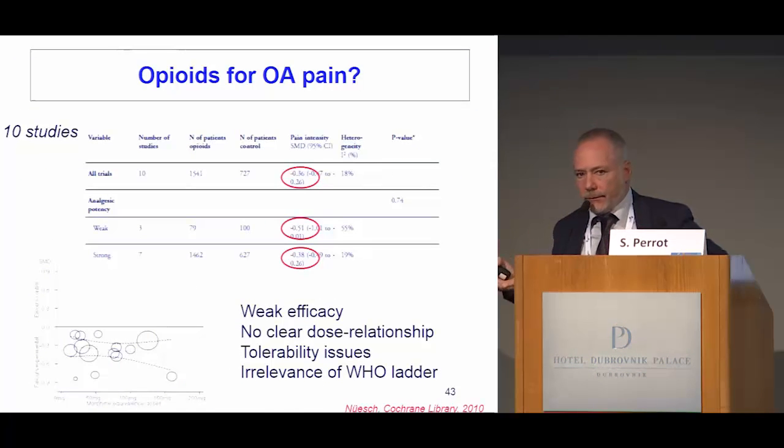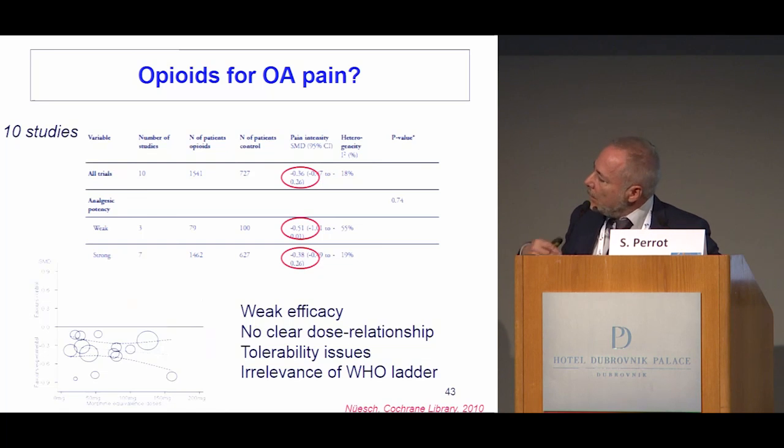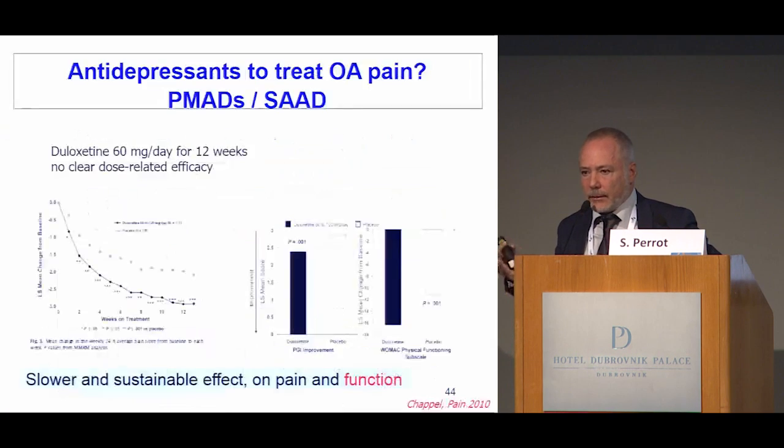Opioids are not very effective. Here is a meta-analysis demonstrating that weak opioids are better than strong opioids, and that perhaps may give us the feeling that the WHO ladder is not relevant in this kind of patient. Antidepressants look interesting, and here is the study on duloxetine demonstrating efficacy on pain and function.